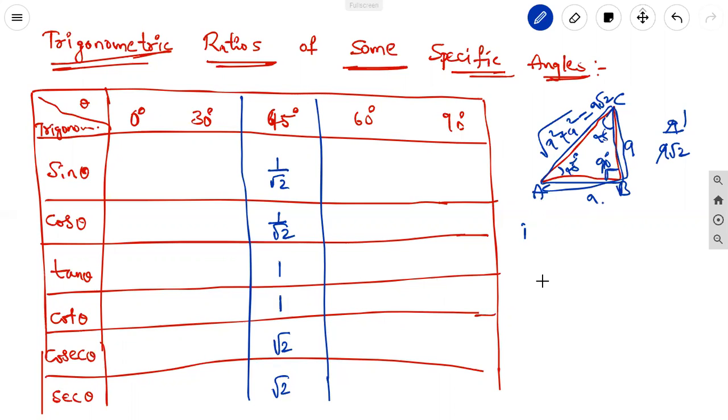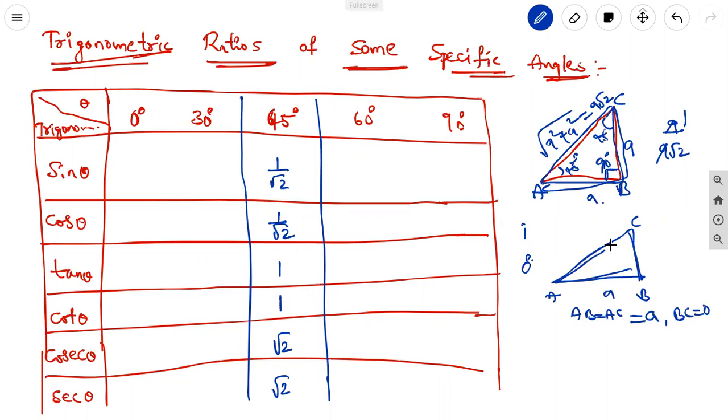Next we can take 0 degrees. When it is 0 degrees, if this is the AB line and this is C, the hypotenuse line falls on the AB line. In this case, AB is equal to AC. Suppose this is equal to A, then AC is also A. Then BC becomes 0. Why?